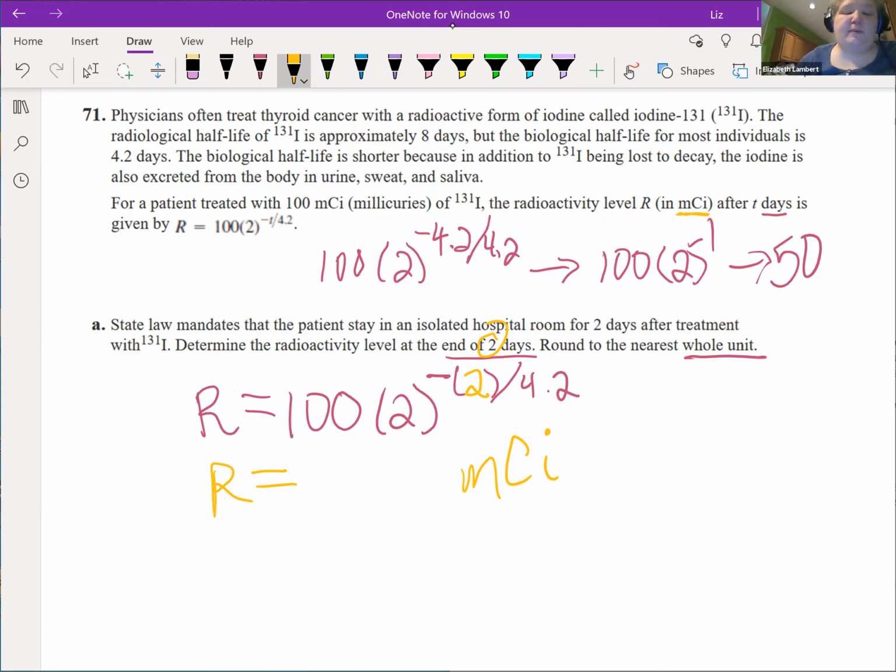After we multiply by 100, we have 71.887 and so on. So 71.88 rounds to 72. So there are 72 millicuries approximately after 2 days, which also makes sense. Remember, 4.2 days was the half-life, so the amount we see now should be greater than half.